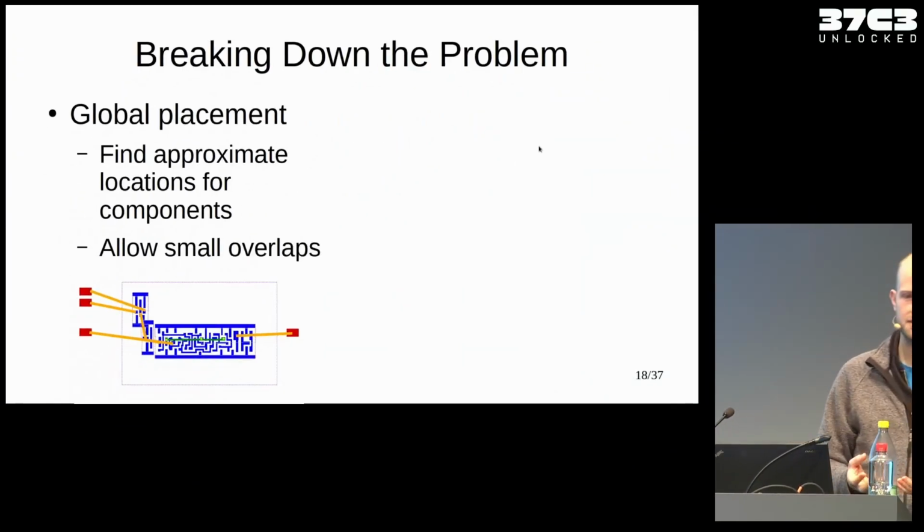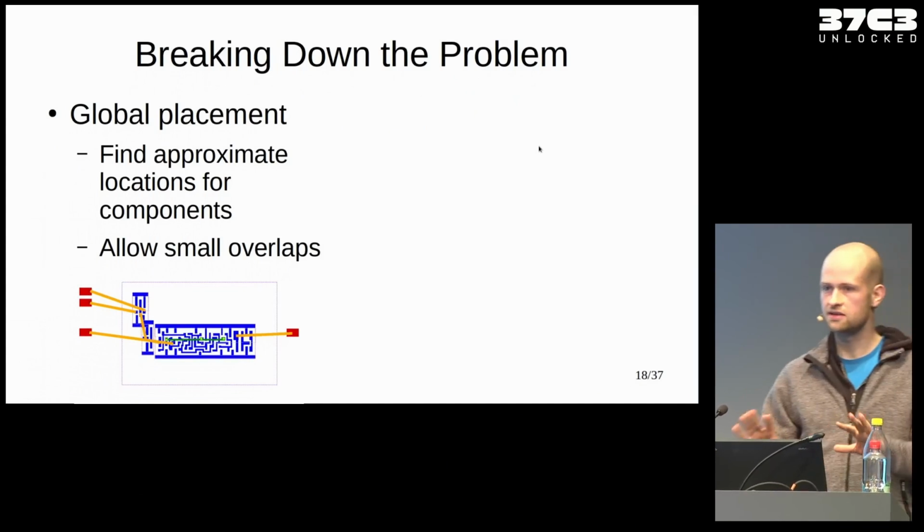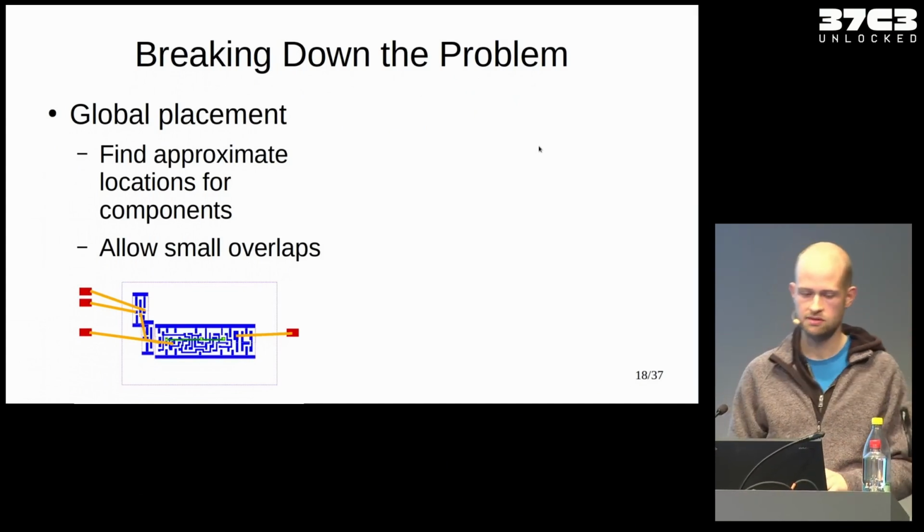It's really useful to break the problem down into multiple steps. And usually what people do is they start with so-called global placement. And this is all about finding approximate locations for the cells. So you can relax the design rules, for example. You say it's fine if some components overlap, as long as the overall density is nicely distributed.